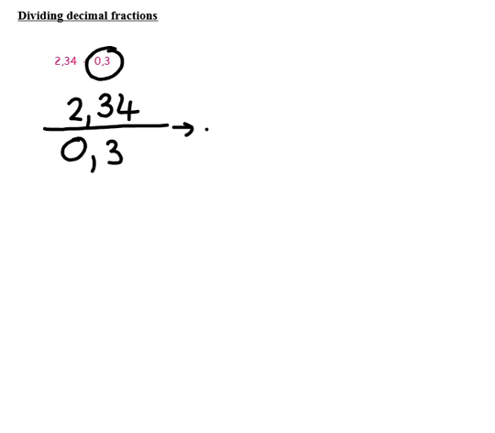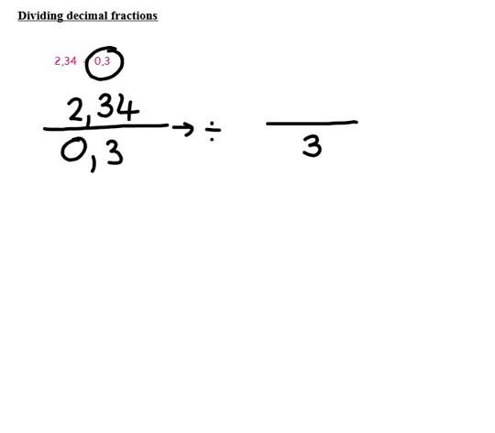Remember, this line actually means divide. I cannot divide by a fraction. Remember when we did common fractions, you couldn't divide by a fraction, so you had to multiply by the inverse.